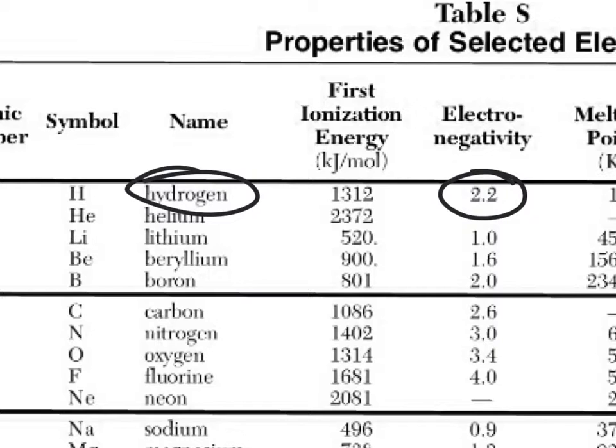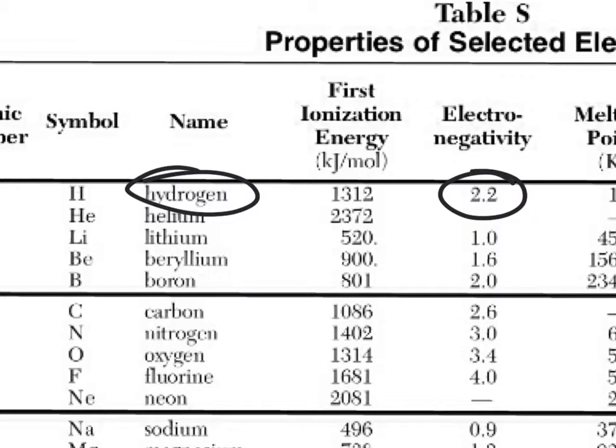So if you were to walk up to that element and get in a fight with it, you would probably win, because the other element has a good chance of being a little bit stronger than the element with an electronegativity of 0.6.